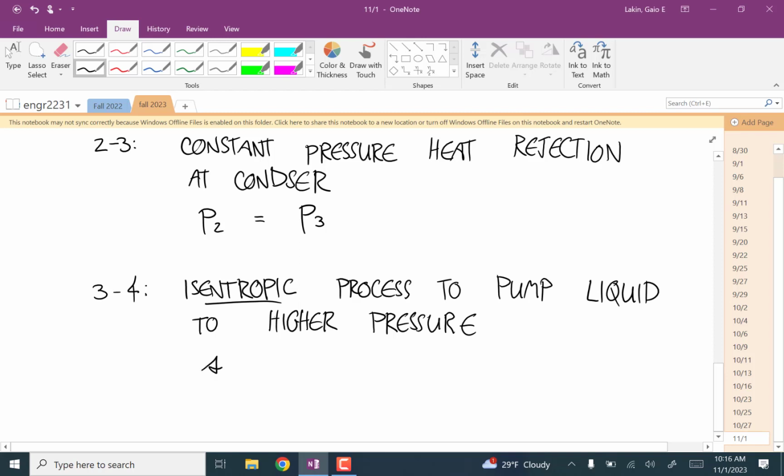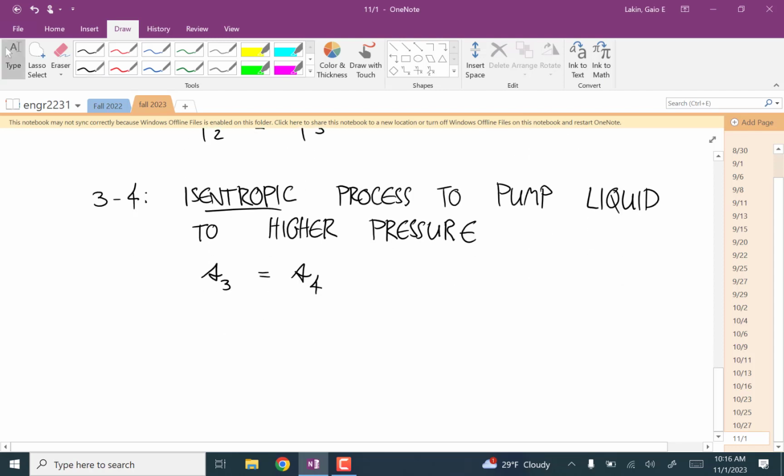Since it's isentropic, we know that S3 is equal to S4. And then from state 4 to state 1, this can't be isentropic again.